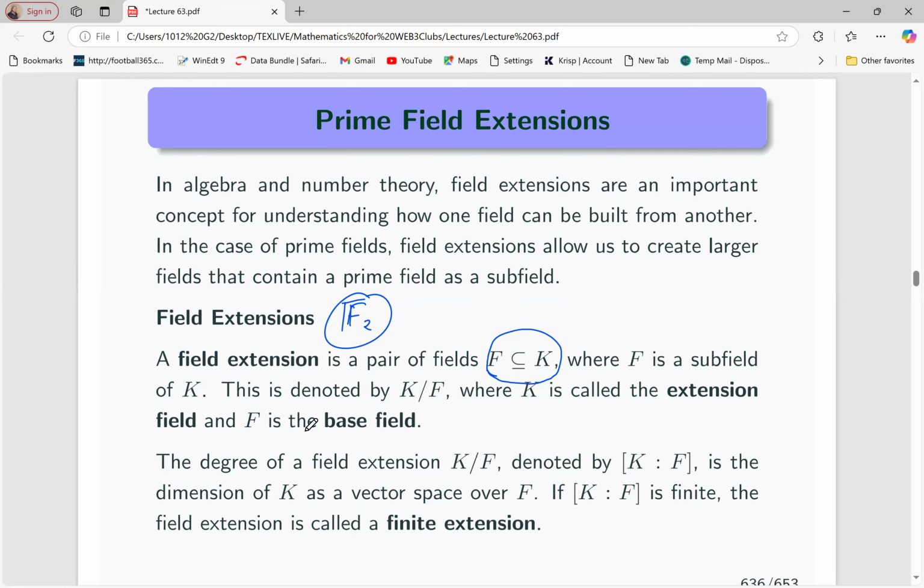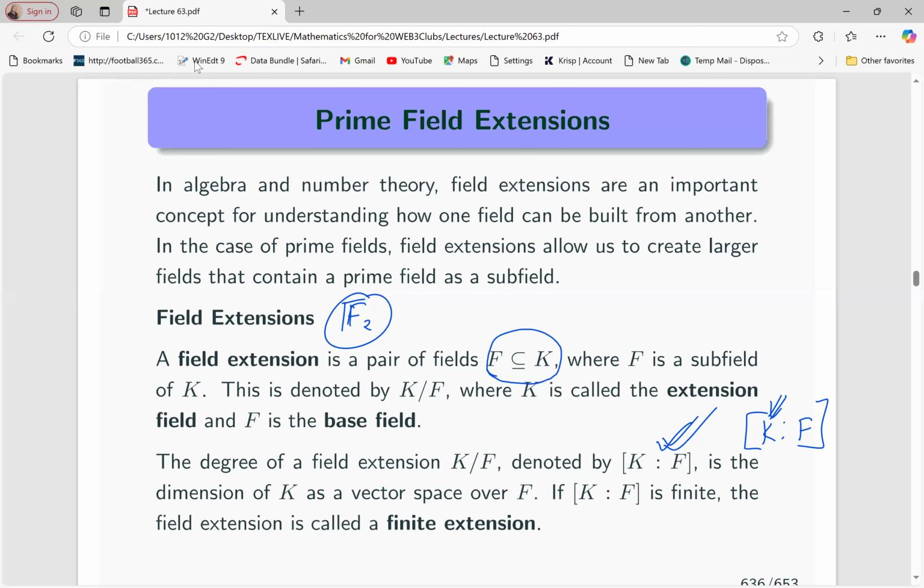Now, we had talked about degrees of polynomials and fields. The degree, or the dimension, of the extension will be denoted by this. This is how we denote it. When you see something like this, it's asking you, what is the degree of this extension?